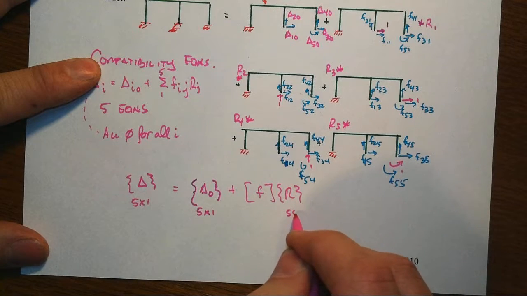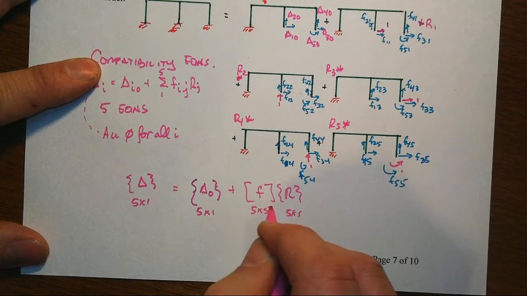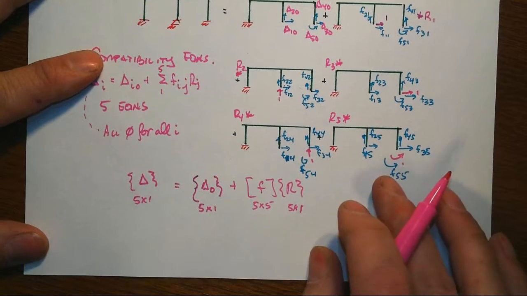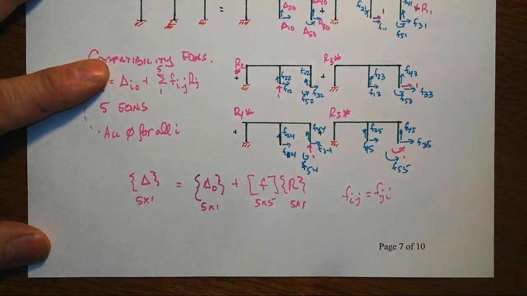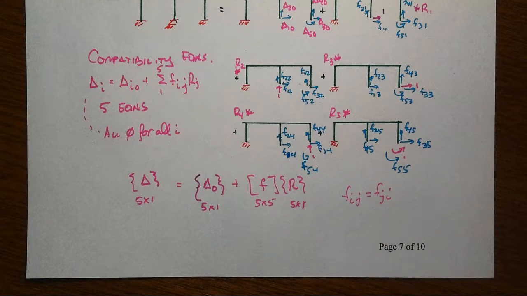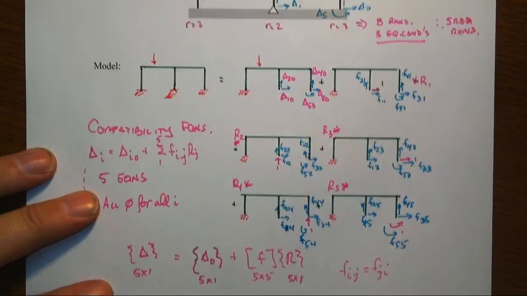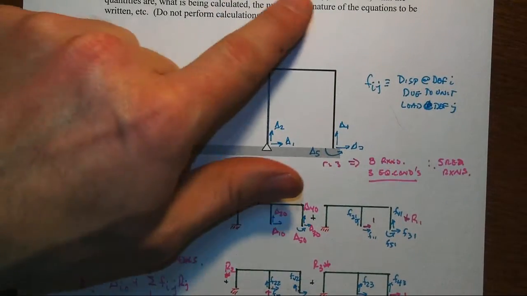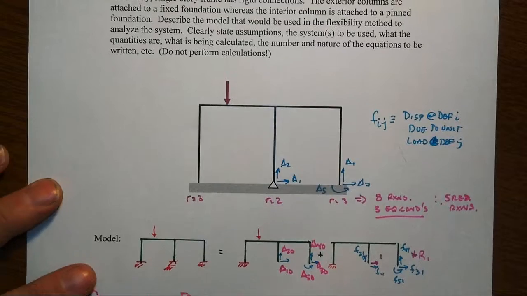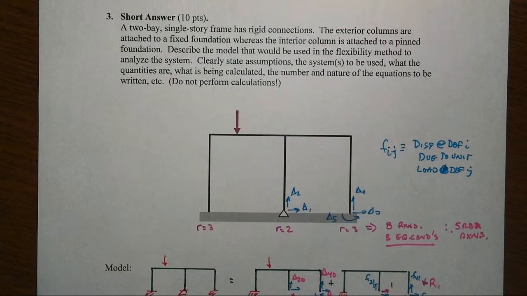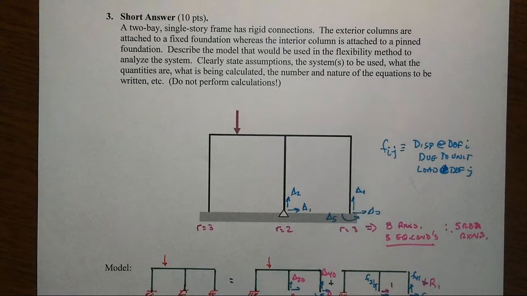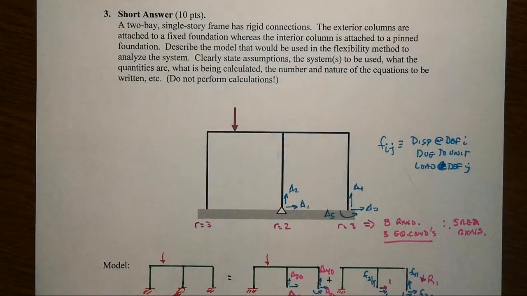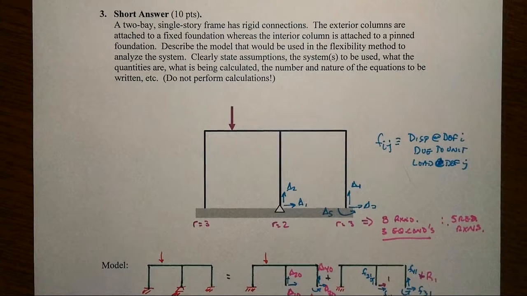So that's 5 by 1, and that will be 5 by 5. It will turn out, of course, that Fij equals Fji by Maxwell's law of reciprocity, and that gives us a pretty good summary of the analysis approach by the flexibility method for this system. You could have chosen different redundant reactions, but you do have to relax 5 in order to make this all work out. And to do that by hand would be, of course, very lengthy.